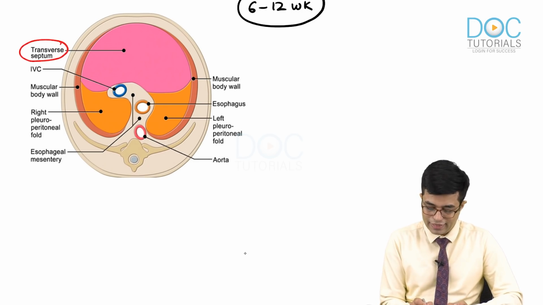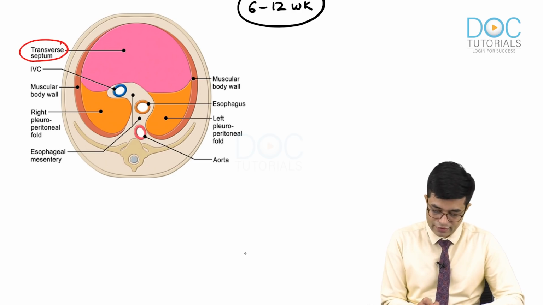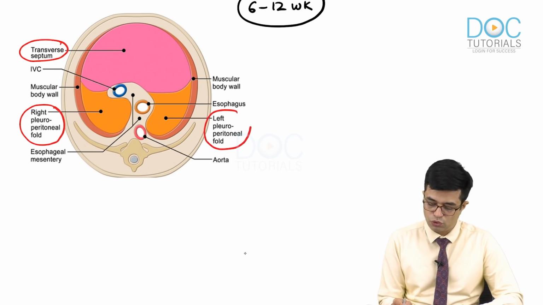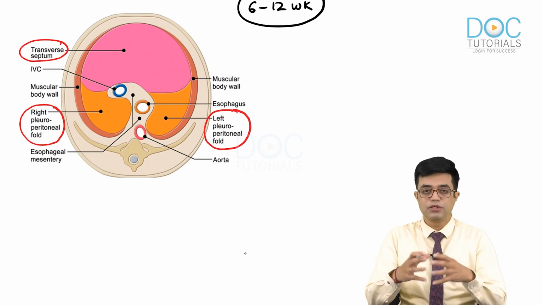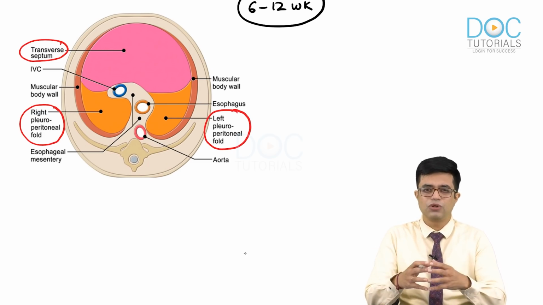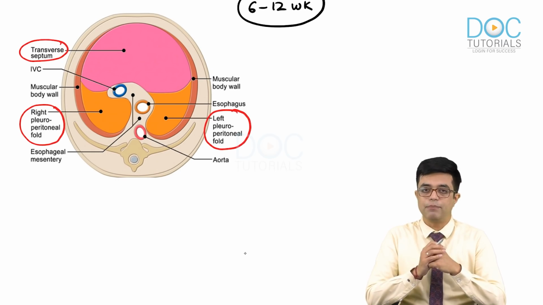And on the lateral sides, posteriorly, you will find structures called the right pleuroperitoneal fold and left pleuroperitoneal fold. These structures combine with the muscular body wall and various other structures arising from various organs, and together they constitute the bulk of the diaphragm.